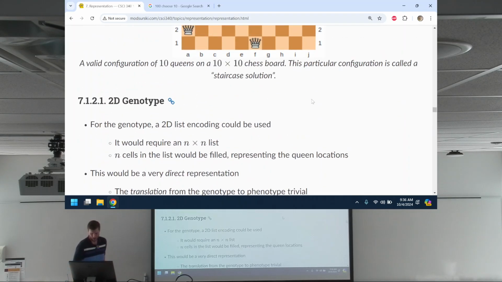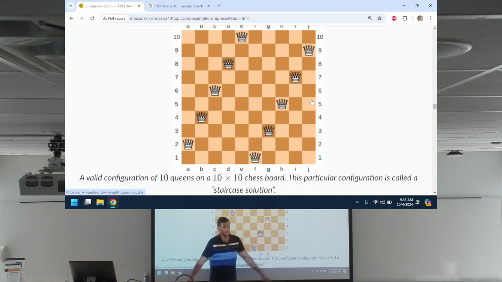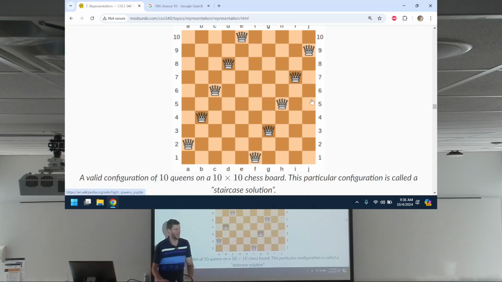For example, the configuration of n by n with 10 queens will include a configuration where this bottom row is all queens, which we know is obviously not correct. So is there a way we could eliminate those things from our representation somehow?